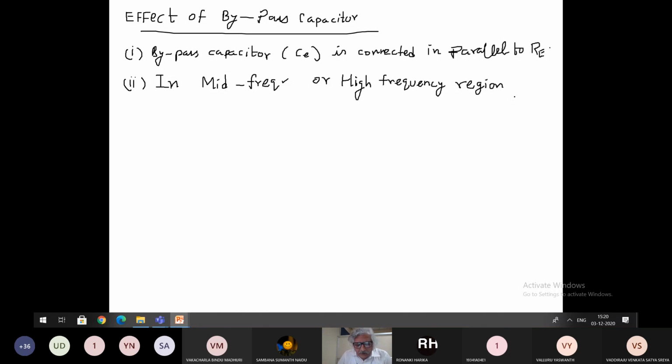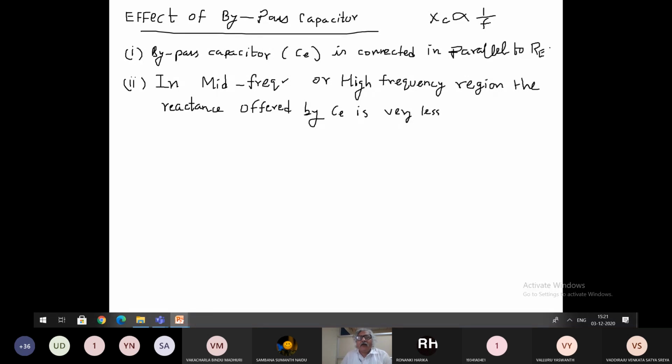In that region, the reactance offered by CE is very less, because we already know that XC is inversely proportional to 1 by f.